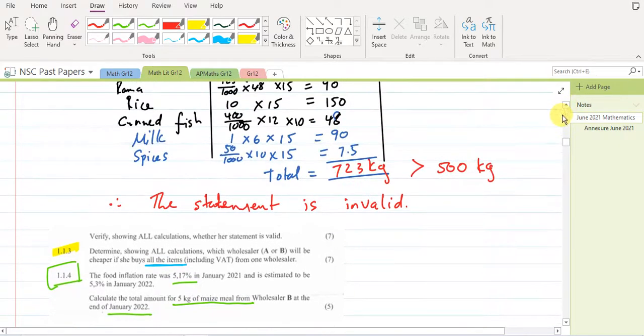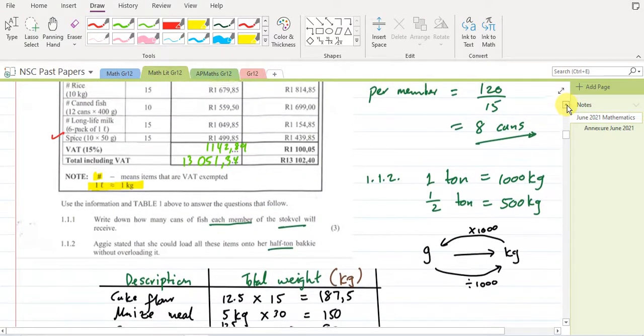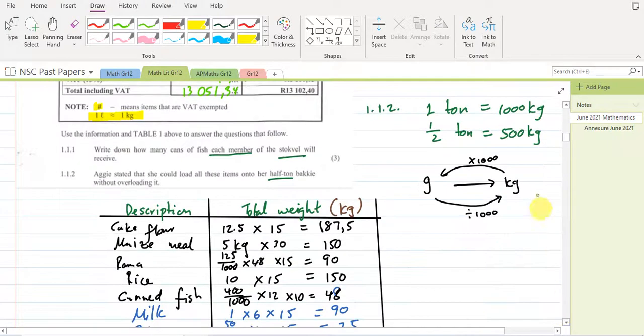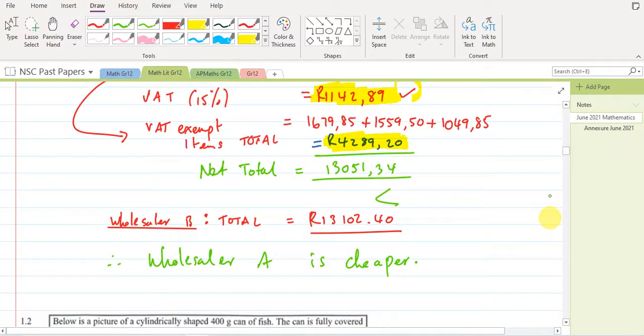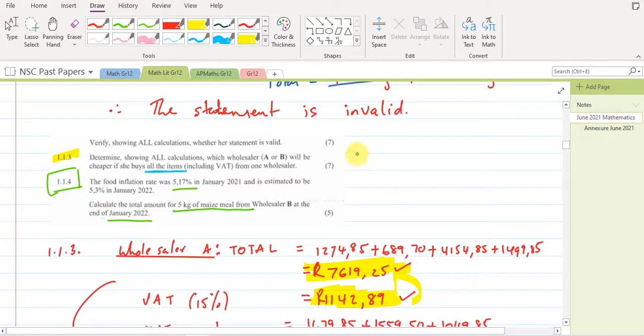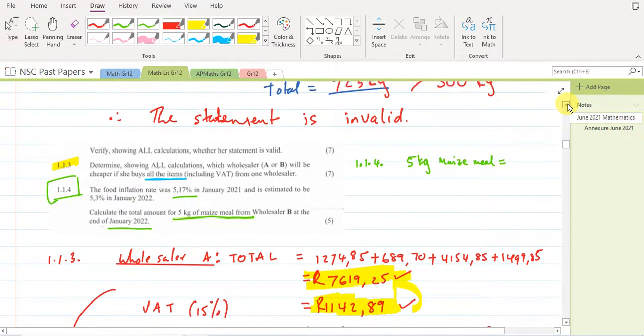What was the price here? We can just do this example on the side here. 1.1.4, looking at the 5 kg maize meal.